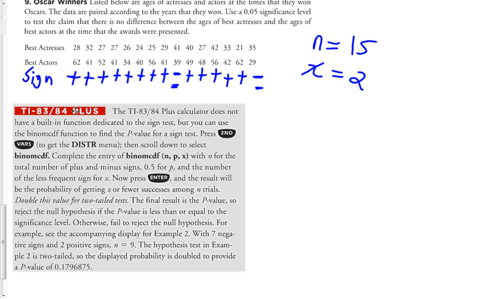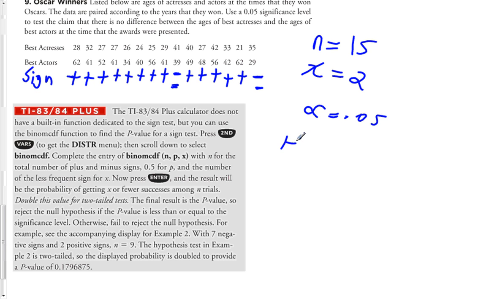And the null hypothesis here is that there is no difference. So we're using a 0.05 significance level to test the claim that there is no difference between the ages of best actor and best actress. And that means that alpha is equal to 0.05. That's the significance level.